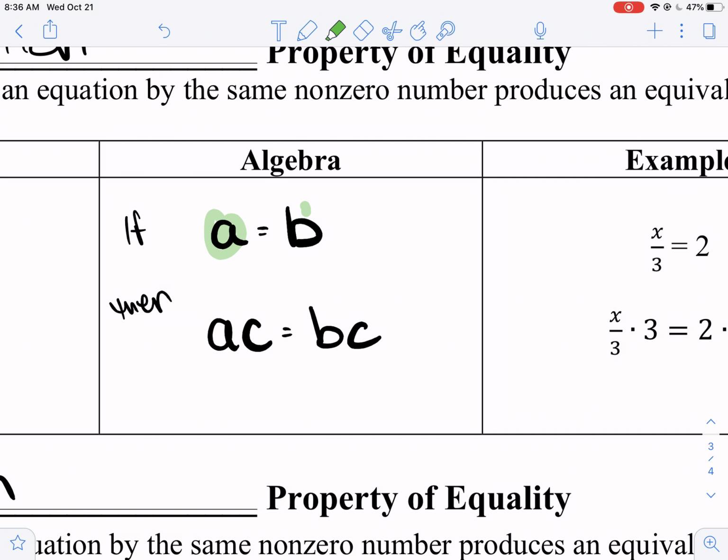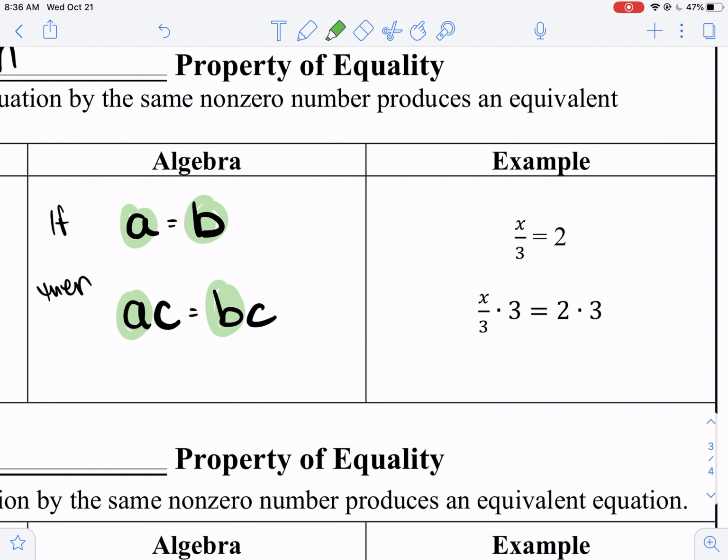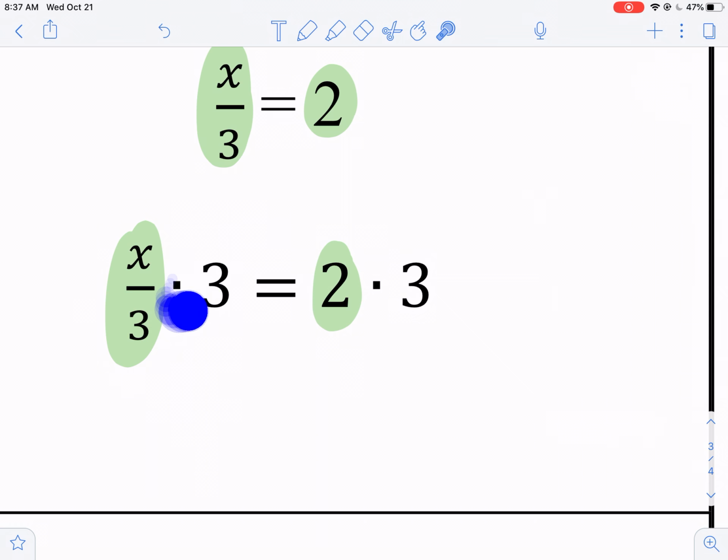So if a equals b, then a times c is equal to b times c. Cool. So over here, we have that x over 3 is equal to 2, and if we multiply both sides by 3, it's still going to be the same. Here, this divide by 3 and this times by 3, those will undo each other, giving us that x equals 6.